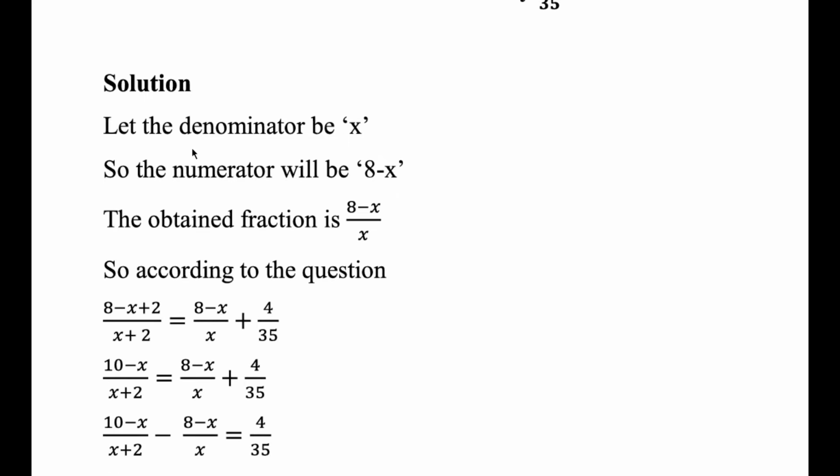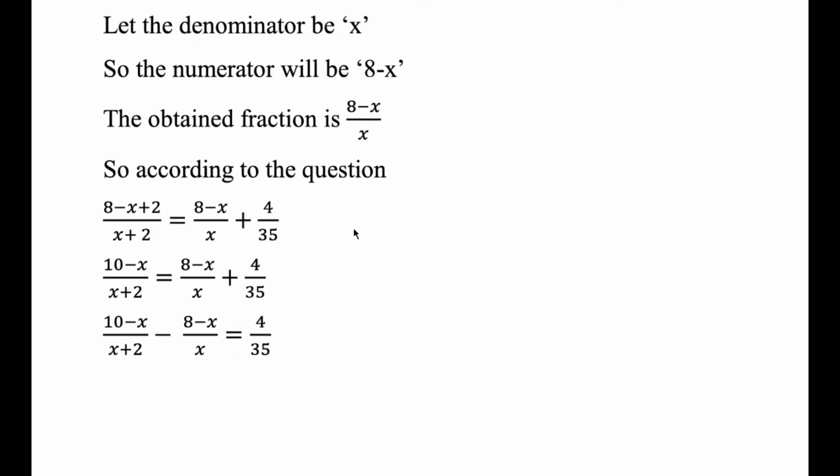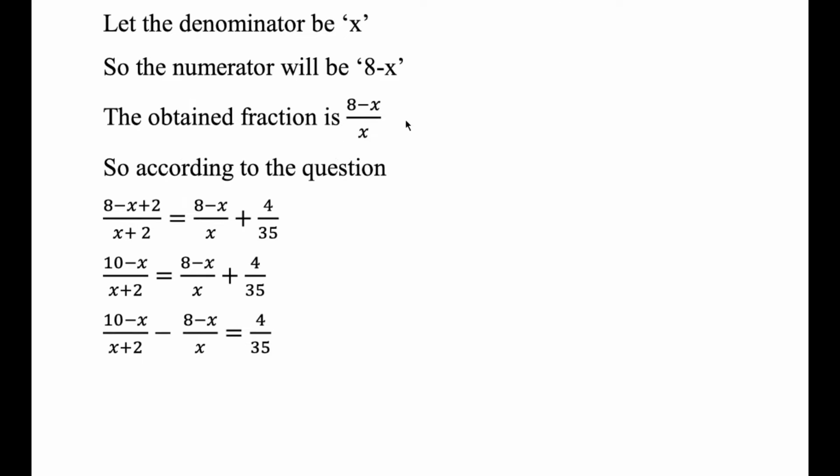Let the denominator be x and the numerator will be 8 minus x. So the obtained fraction is 8 minus x divided by x. According to the question, we can write 8 minus x plus 2 divided by x plus 2 is equal to 8 minus x divided by x plus 4 by 35.